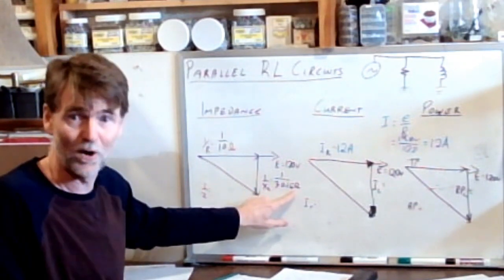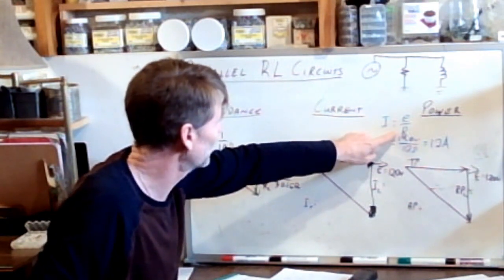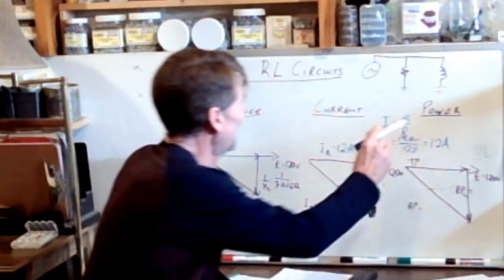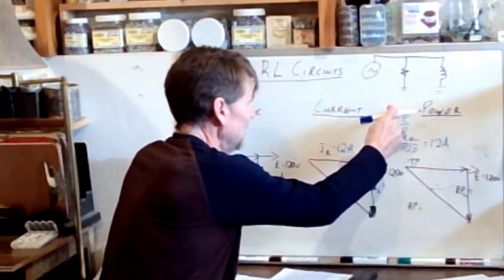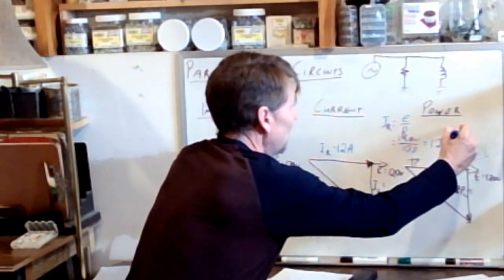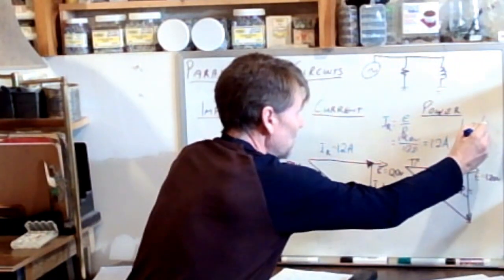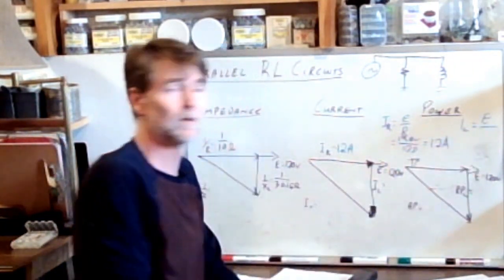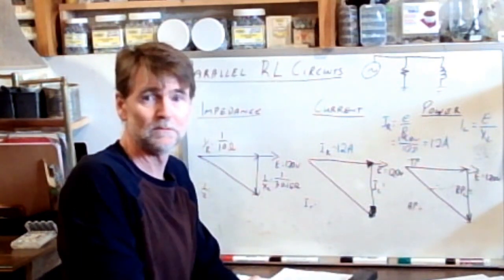30.16 ohms. Okay? And so the same formula, we're just going to substitute. So this is actually I subscript R equals E over R. So if I said I subscript L, what does it equal? It equals E over XL. Same equation, right?